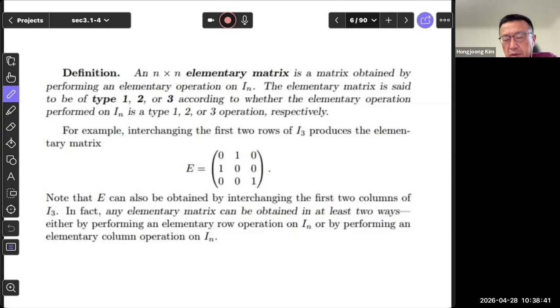Now, instead of considering this elementary row or column operation on a certain matrix A, we can perform those elementary operations on the identity matrix.